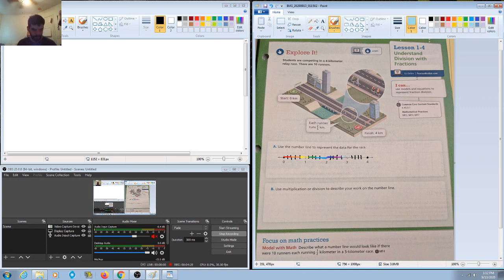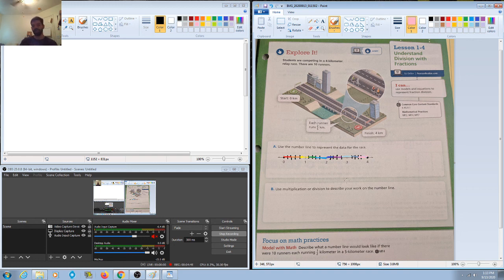I'll choose this sky blue next, and I'll go with this gray. And then our last runner is going to run the last 2/5, being this. That is not a good color to use against this book paper. I'll use this pinkish color. There you go. And the last runner is going to run 2/5 as well.